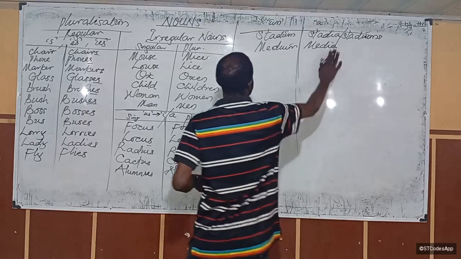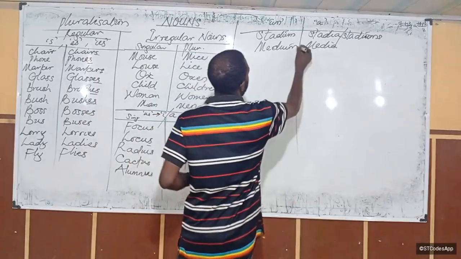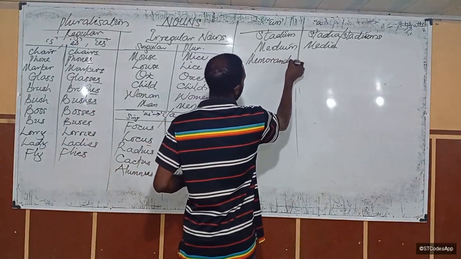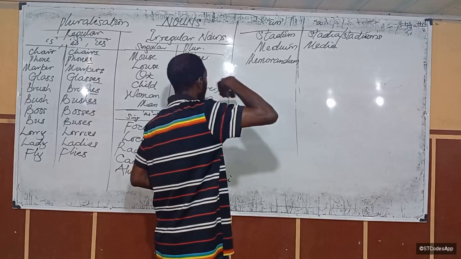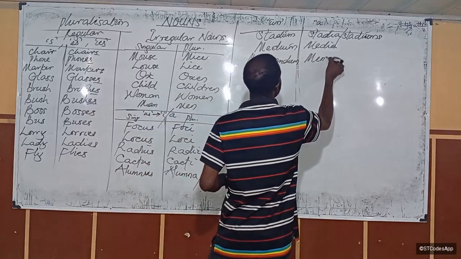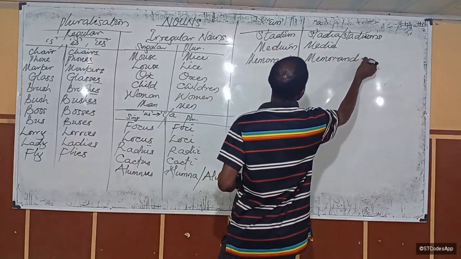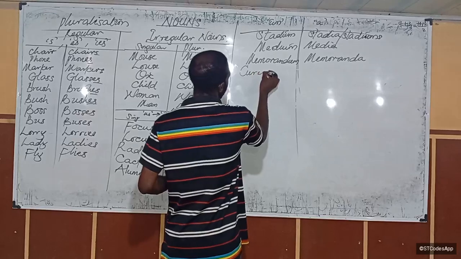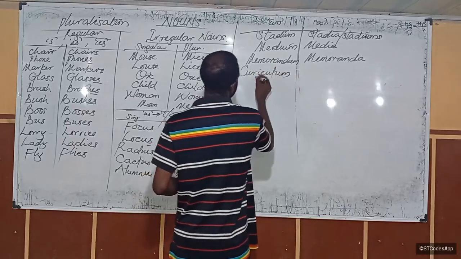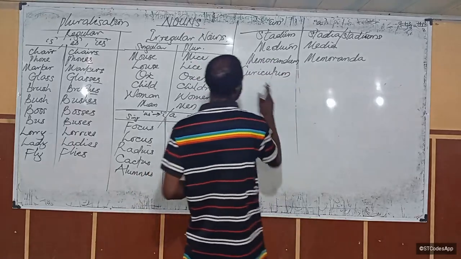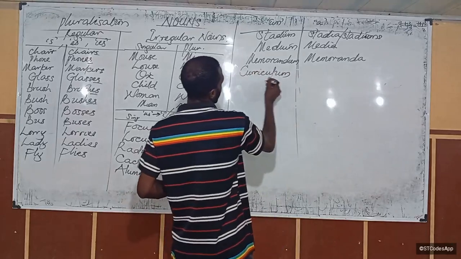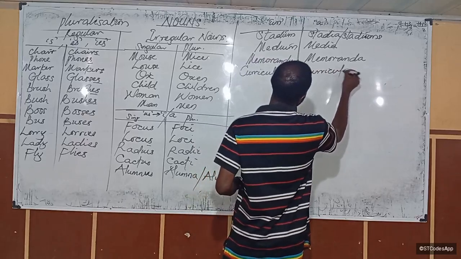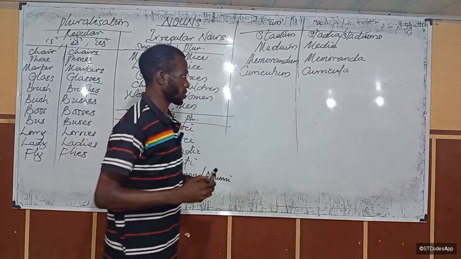This one does not take the s form. Does that make sense? We have memorandum of association. We have what? Memoranda. Does that make sense? We have curriculum. What does that become? Curriculum, that's double r, right? Curriculum, that is curricula. Does that make sense? All right.